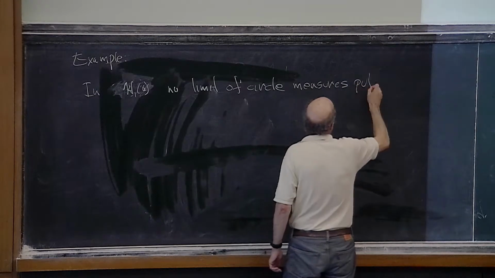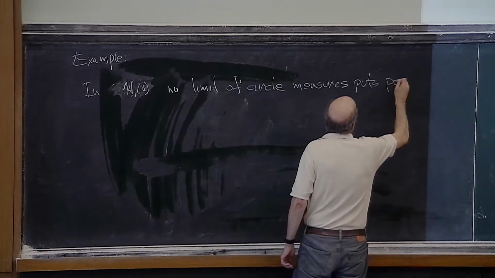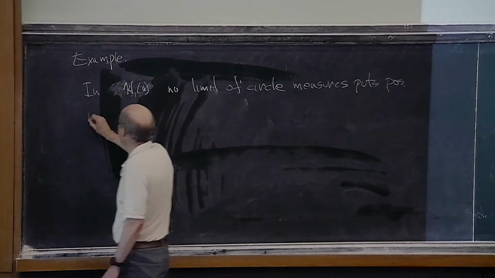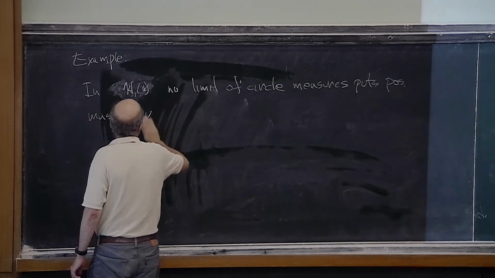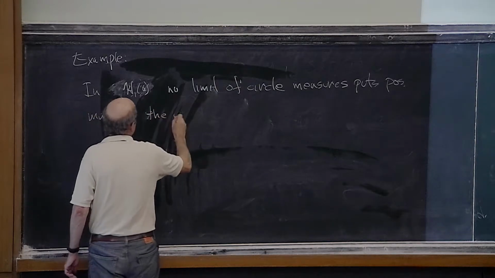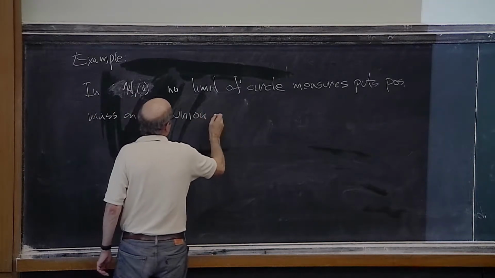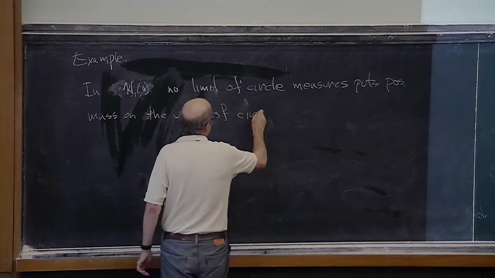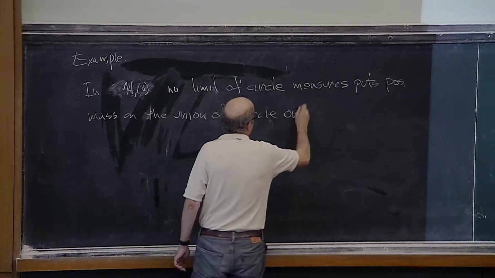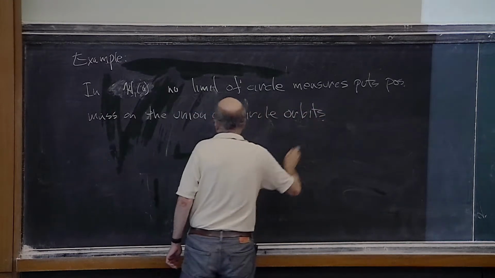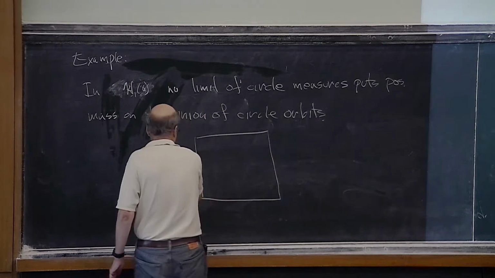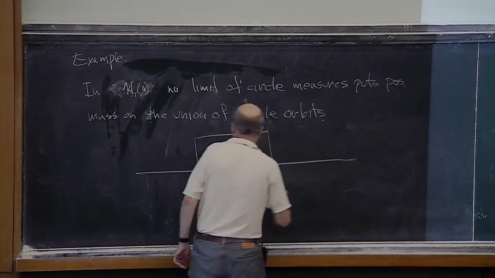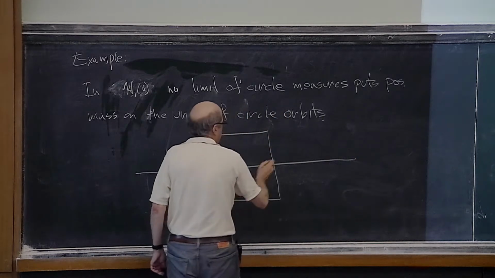Puts positive mass on the union of circle orbits. Okay, so this comes down to this picture that Barak drew.